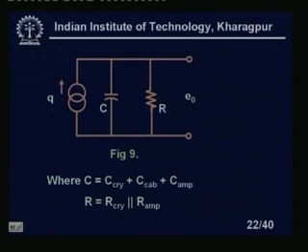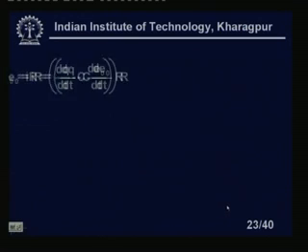So, C equals C_crystal plus C_cable capacitance plus C_amplifier, all will come in parallel. Since they are in parallel, all the capacitance values will be added, and R is the R_crystal resistance in parallel with the amplifier resistance.